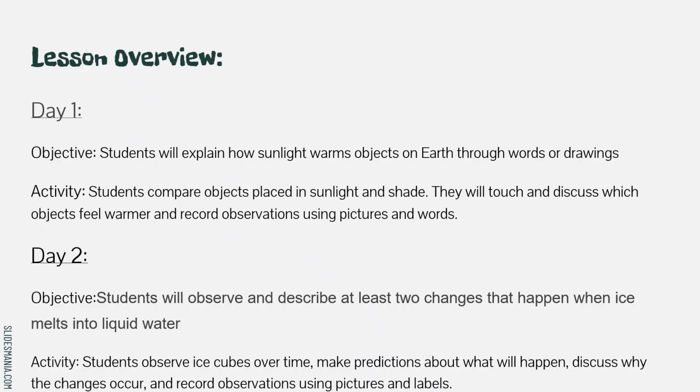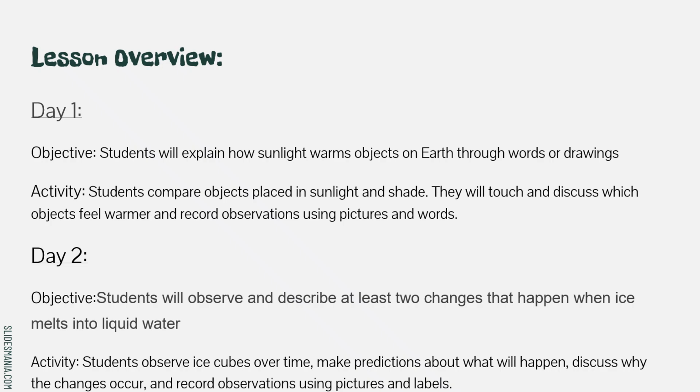So now just a lesson overview. For day one, the objective is that students will explain how sunlight warms objects on Earth through words or drawings. The main activity is comparing objects placed in the sun and some in shade.